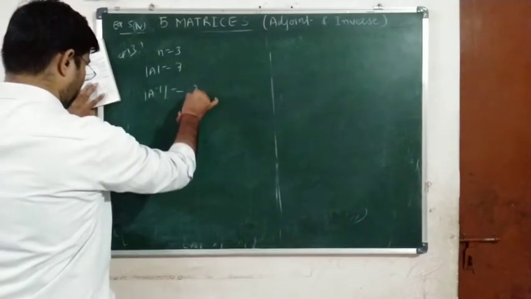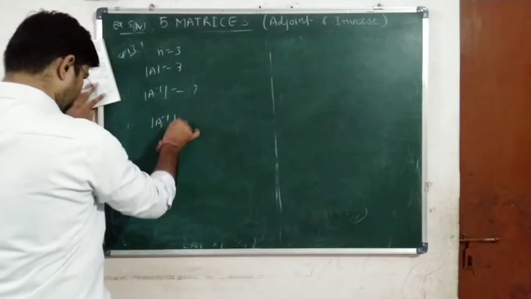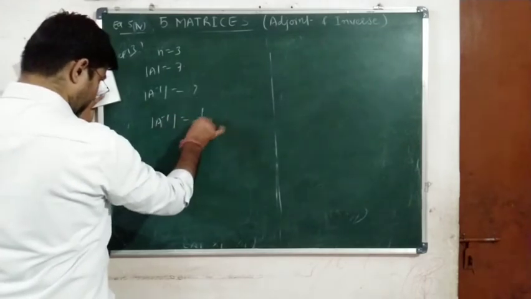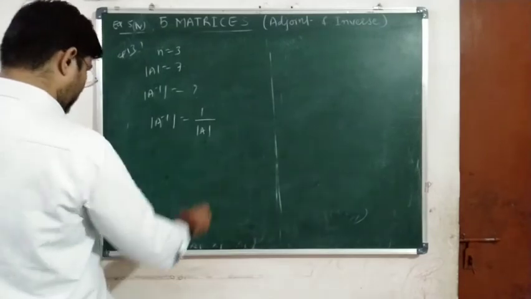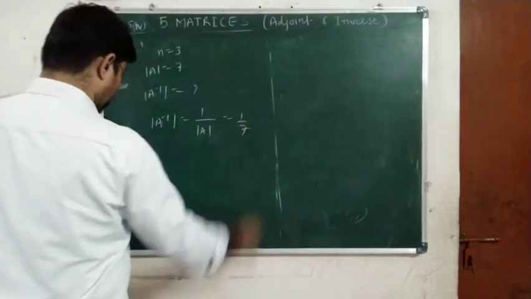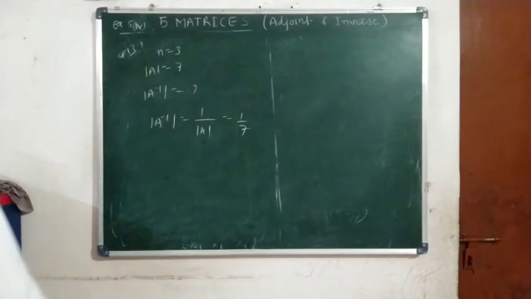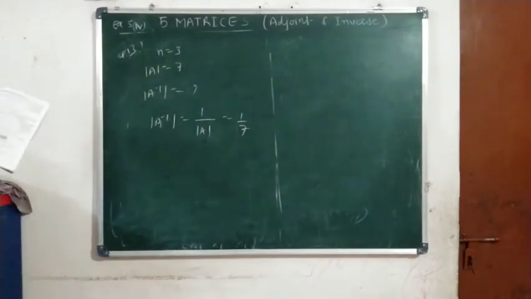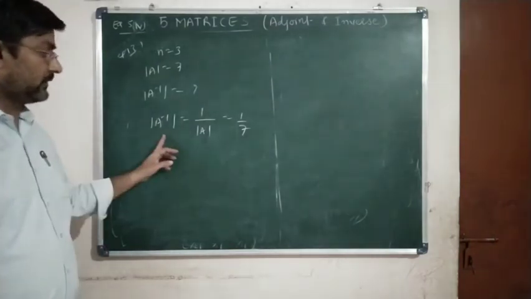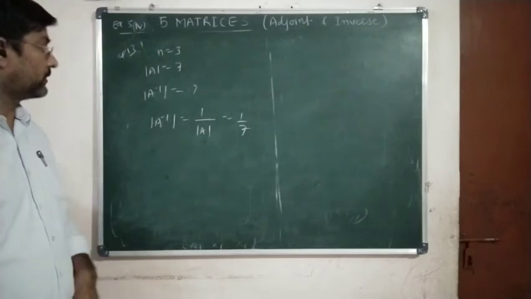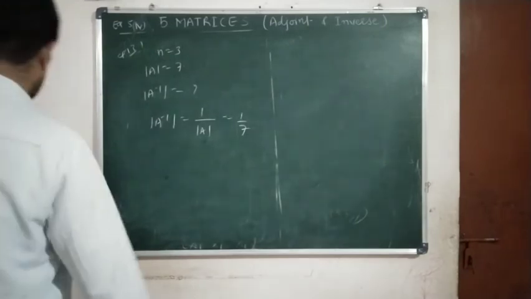Okay, we have to find out. We know that determinant of A inverse is equal to 1 upon determinant of A. So determinant of A is 7, so 1 upon 7 will be the answer. Okay, the answer in your textbook is given to be 7, it seems, which is wrong. So just make a correction. Determinant of A inverse is equal to 1 upon determinant of A. So 1 upon 7 is the answer.